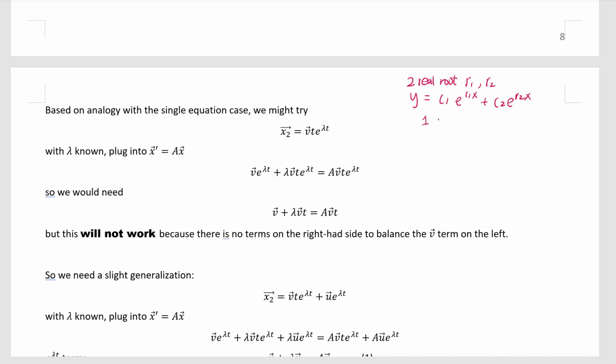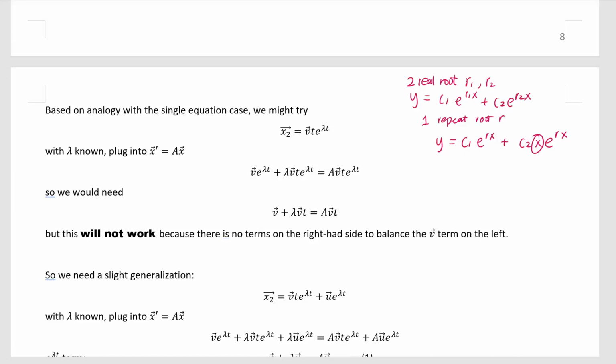If you have a repeated root R, your solution is y equals C1 e to the Rx plus C2x e to the Rx, right? You multiply by x for that solution to get the second solution.